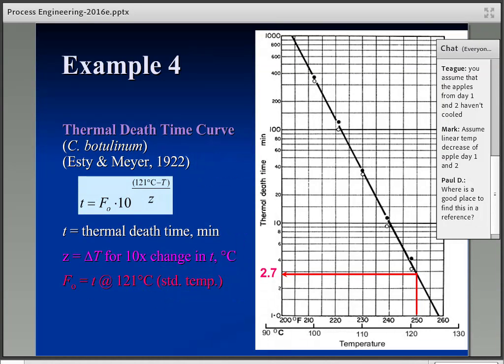We can solve the equation that you see here, we can also pick the numbers off, since this is all standard conditions, that the results of the equation is right on that graph that we were looking at a minute ago, so we can pick the numbers off the graph just as well as using the equation when we've got standard conditions.